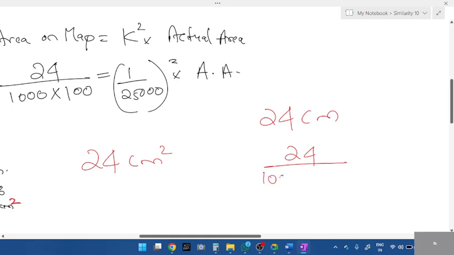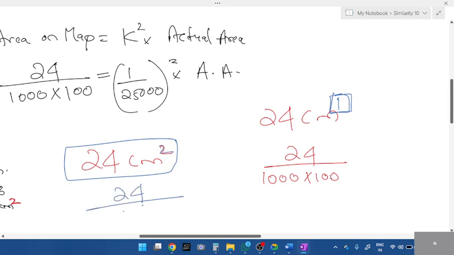What is the degree given for this centimeter? The degree is 1, so you divide by 1. But here, for area, what's the degree? So how many times do you have to divide? Twice. 1000 into 100 twice.